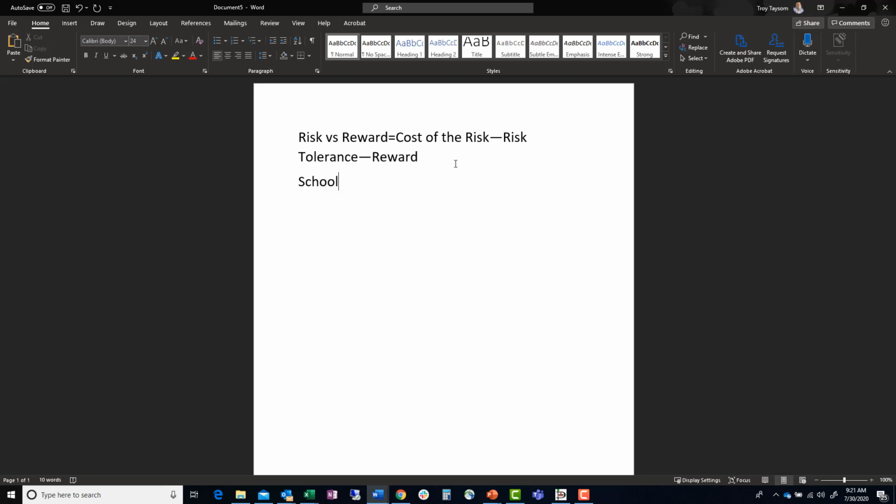Okay. And so in school, the risk is what? Money, time, and, because you're sacrificing. Risk is going to be anything that you're sacrificing or that you could potentially end up sacrificing, and you have to view it as it's going to happen.